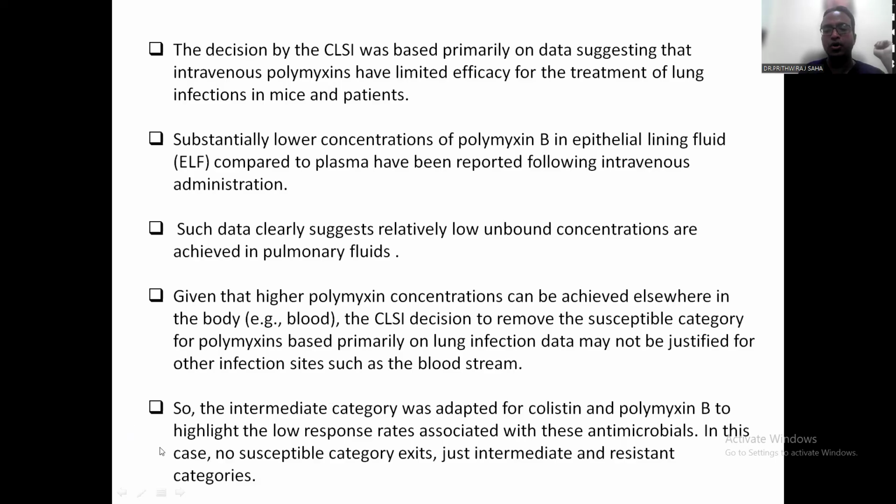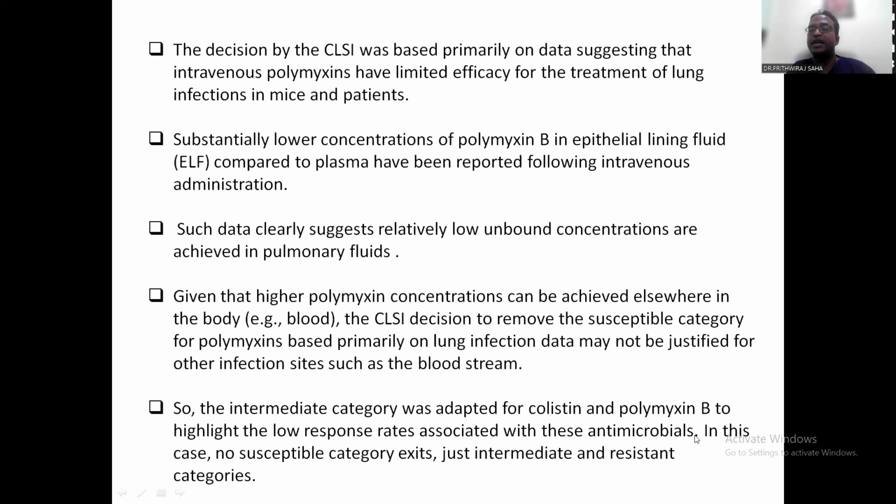Am I clear? So the last line, and all these paragraphs, were quoted and copy-pasted from that article. The intermediate category was adopted for colistin and polymyxin B to highlight the low response rate associated with this antimicrobial. So this is for lung infection.